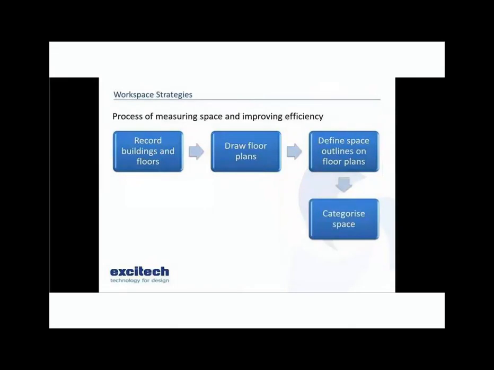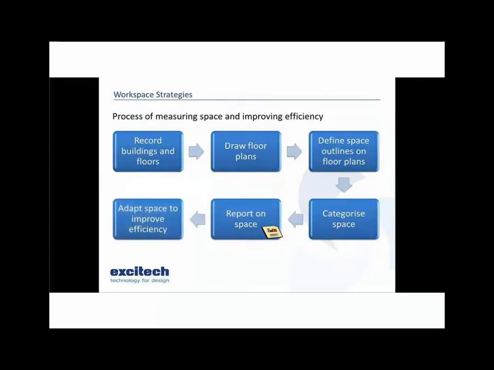So there we have categorizing the space, and from that the ability to then actually report on the space and then use that information to adapt the space and improve efficiency. So you can see how it's a cycle of process where by understanding and measuring your space accurately, you can actually start to use that information to improve your space usage.